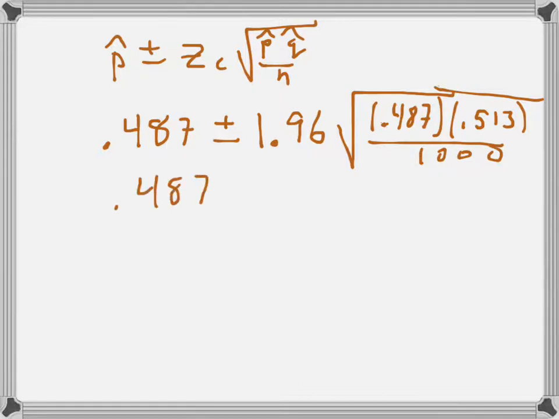After crunching those numbers, the margin of error on my calculator, after some rounding, I got 0.487 plus or minus 0.031. Now just think about what this means for a second, because this is what you see on the news, right? 48.7 plus or minus 3.1%.